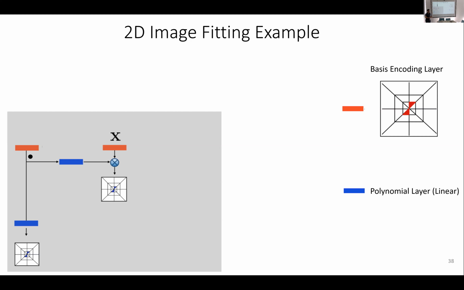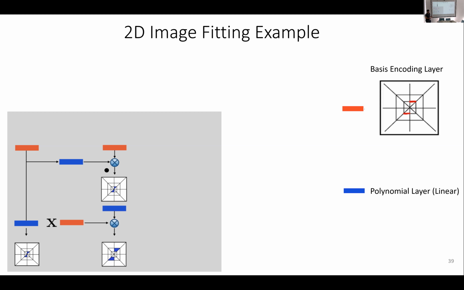Now X is passed again through the same basis encoding, and we perform a weighted multiplication between the output of the first layer and the input of the second layer that again passes through another basis encoding layer. And this gives us an output in the blue region of the frequency band.